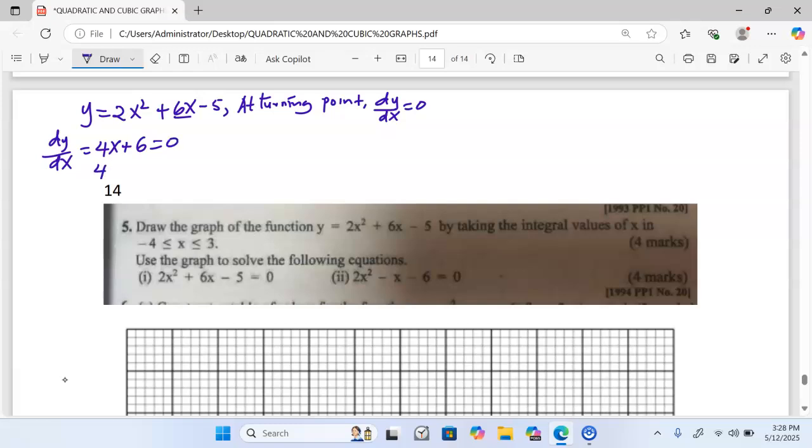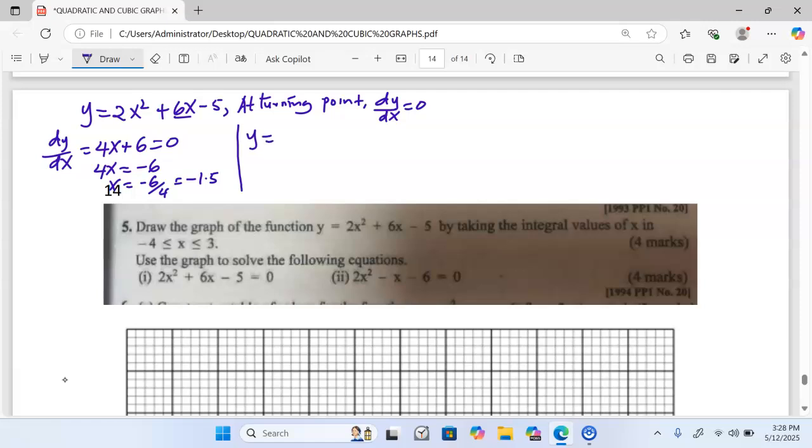That means 4x = −6. If you divide both sides by 4, the value of x is −6/4, which is the same as −1.5.